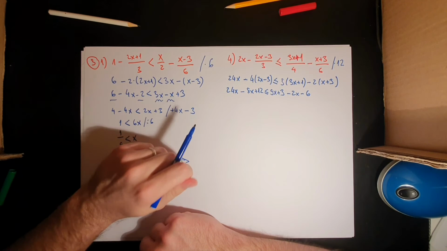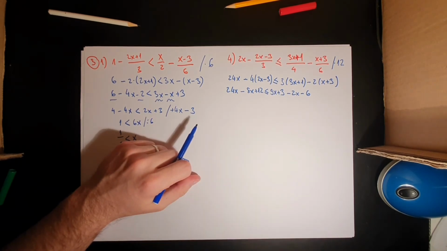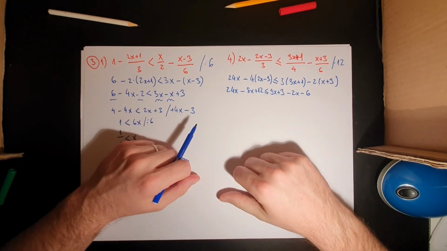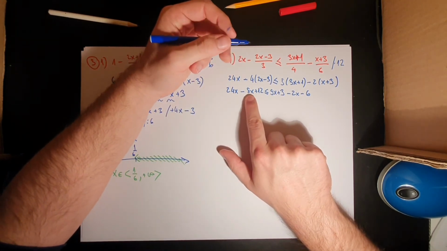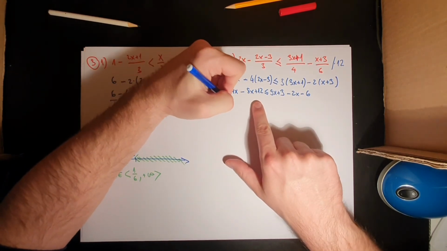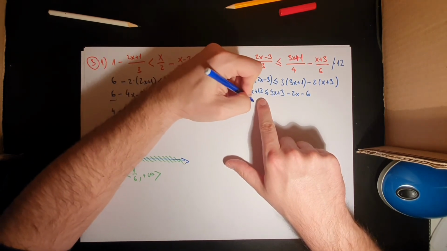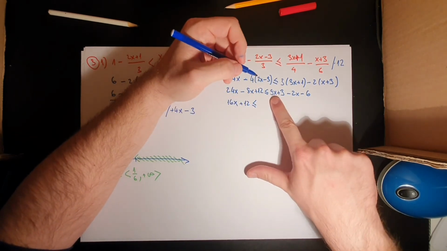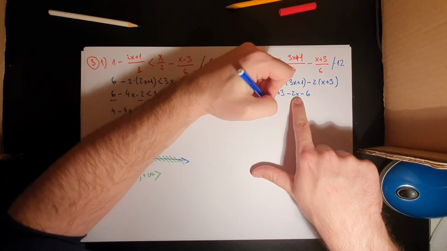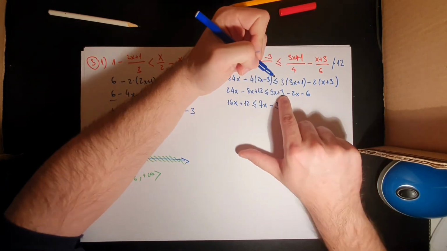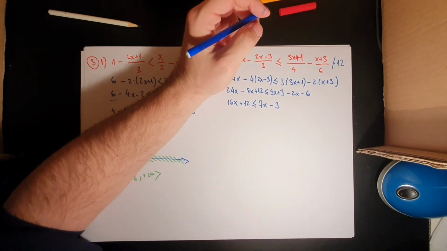Okay, let's simplify things a little bit on the left and on the right respectively. So 24x minus 8x is going to leave 16x plus 12, less or equal to 9x minus 2x, which is going to give you 7x, and minus 3 is the result of 3 minus 6.